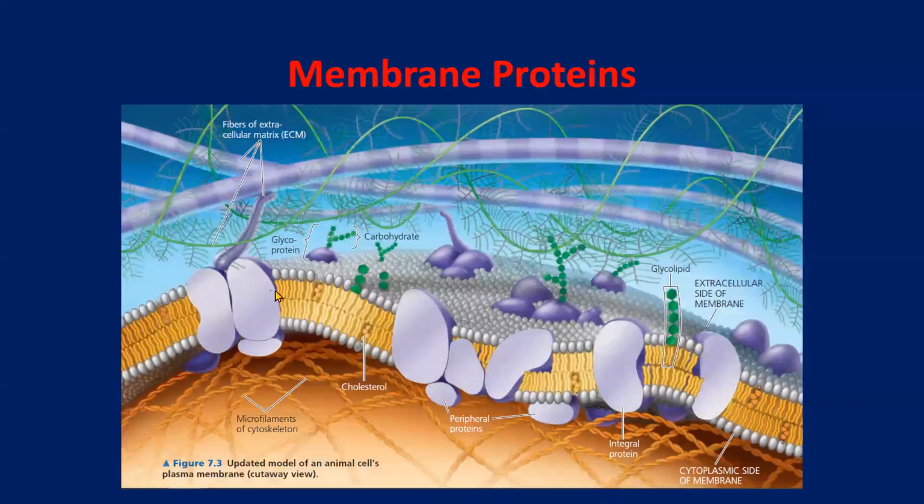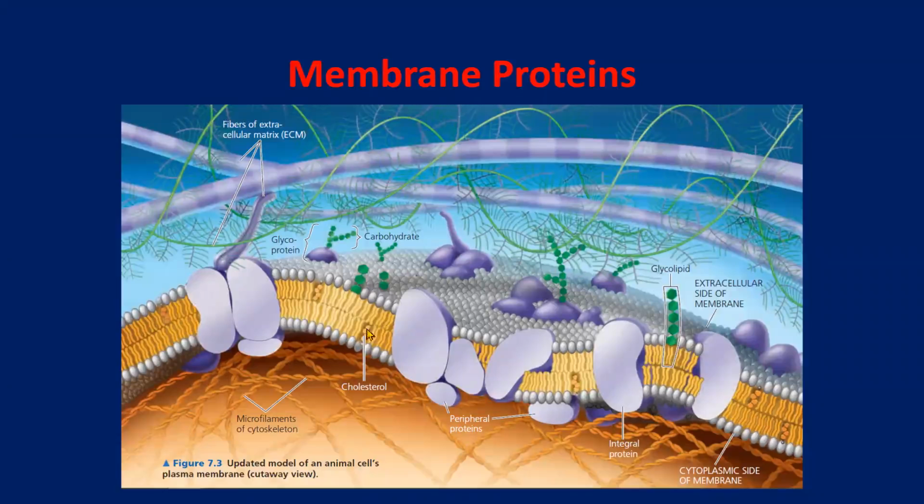Over here, you see different classes of membrane proteins. This could be a signaling protein, this could be an integral protein, and we'll talk about all these kinds of membrane proteins.